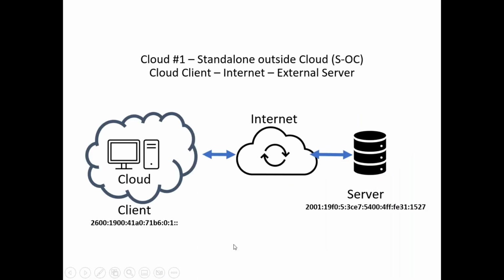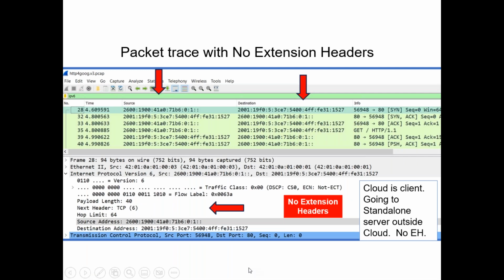So let's see how that is. So now what we have is the other way too, we have the standalone server outside the cloud, and we have the client who is inside the cloud. So let's start looking at some of the testing results.